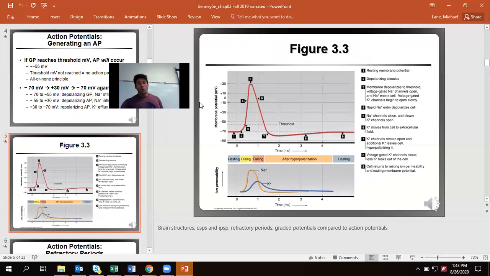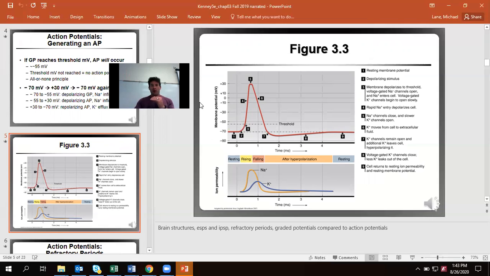So what we have here is an example of how this is actually going to look if our x-axis is time and our y-axis is the millivoltage. So you can see once we hit that threshold, then boom, we take off. We have a massive influx of sodium.